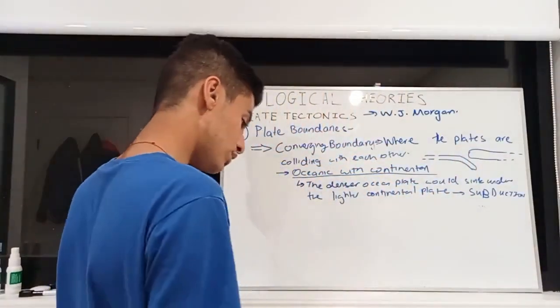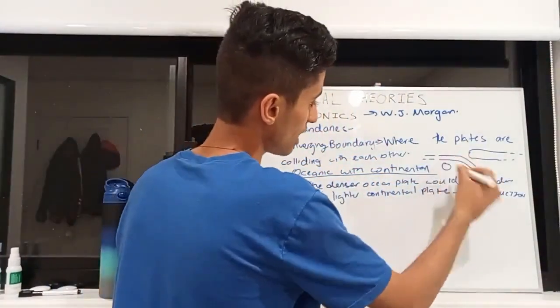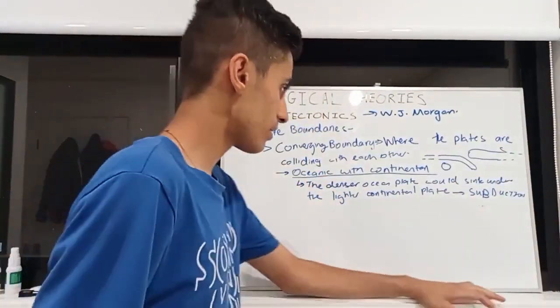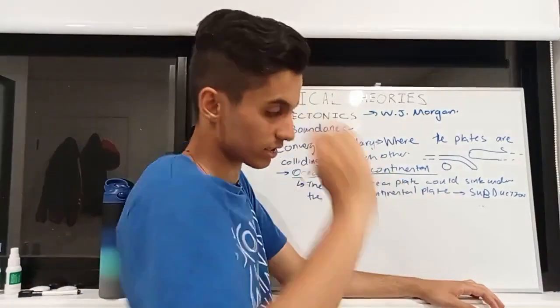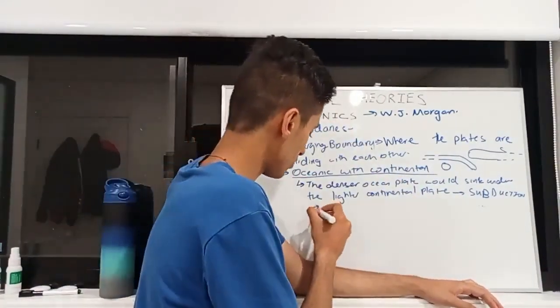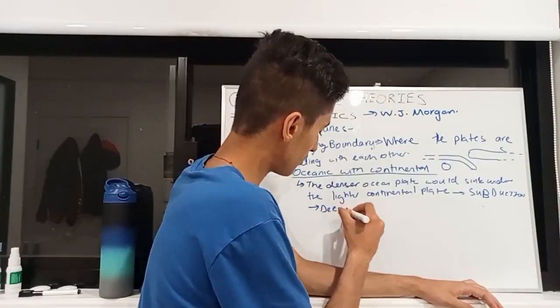The denser oceanic plate is going to subduct. This is our oceanic piece of crust, and this is our continental piece. Oceanic crust subducts, forming deep ocean trenches, so you would find deep ocean trenches over here.